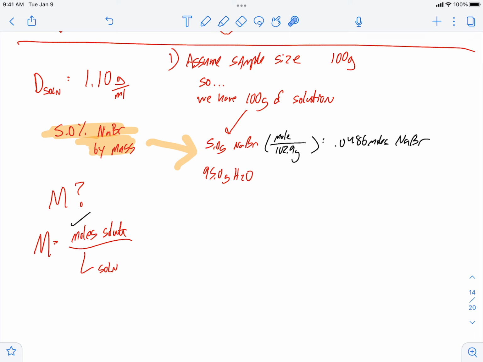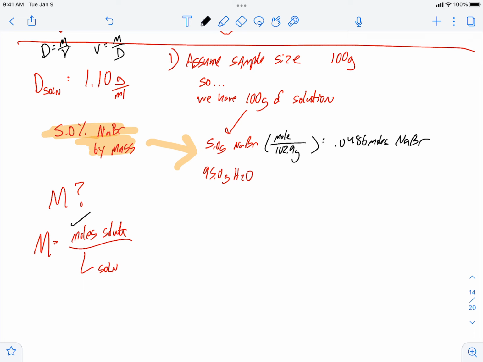What could you do with the density if you have the density and if you have the mass? We have the mass of the solution because we assumed that we had 100 grams.